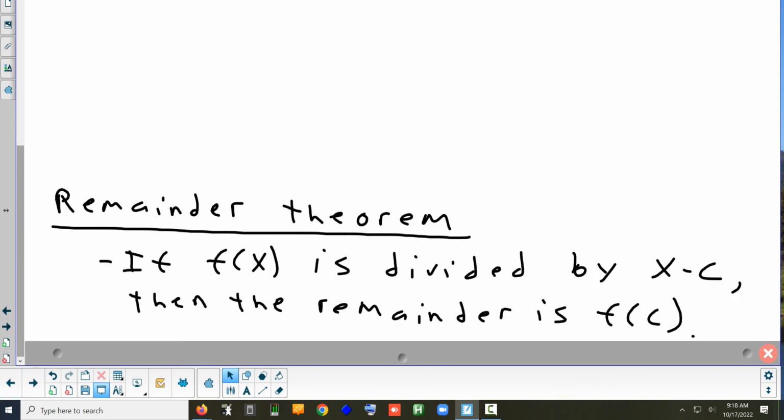The remainder theorem only works if you divide by something that can be written in the form x minus a number. If you look back at the first problem we did, it can be written as x minus something. So in the top, you're going to have a polynomial. I don't know what it will be.